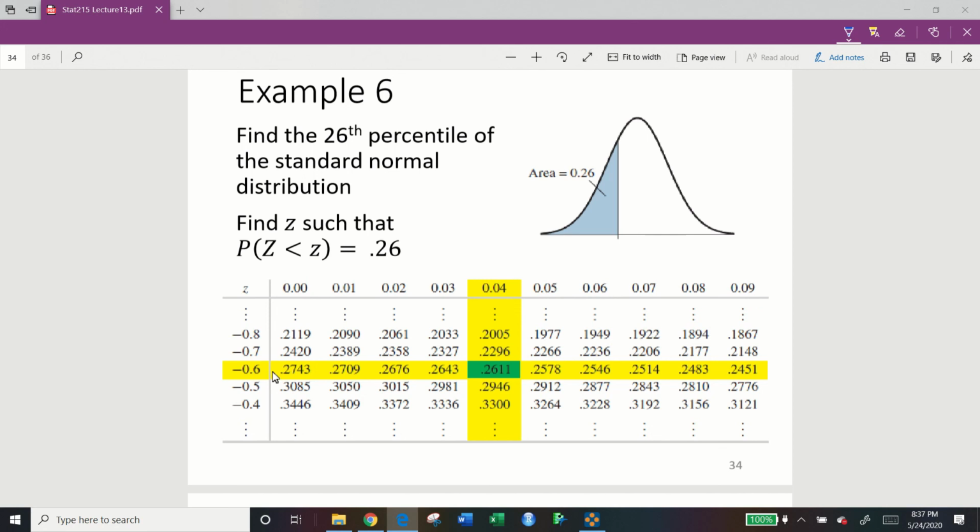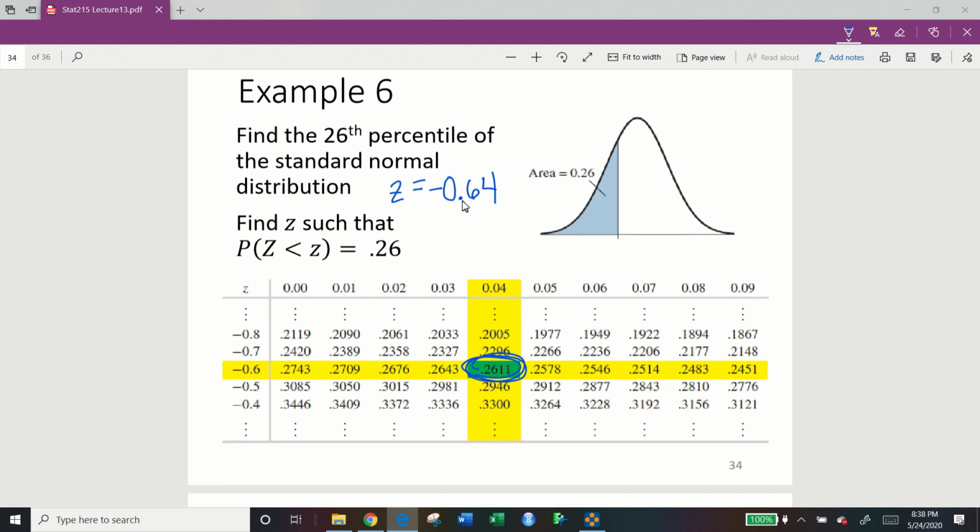We're not going to be able to get it perfect, but again, as close as possible is what we're hoping for. So as you can see highlighted, the closest we're going to be able to get to 0.26 is right here. And so that's going to leave our z-score to be negative 0.64 to be our 26th percentile.